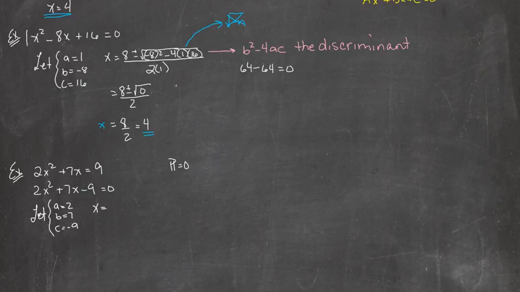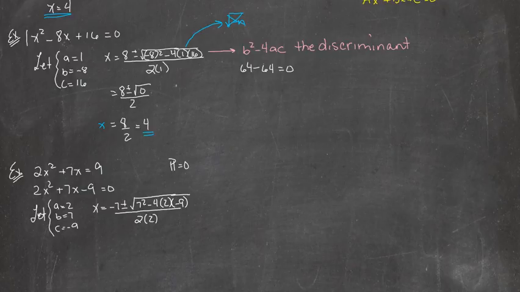I'm going to write the whole formula out, even though I may get no solution using the discriminant. But x equals the opposite of b plus or minus the square root of b squared minus 4 times a, which is 2, times c, which is negative 9, all over 2 times a, which is 2.